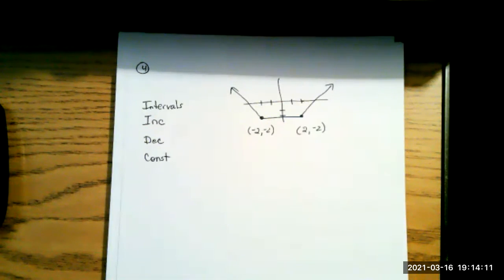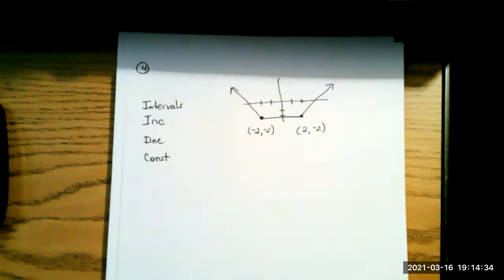Let me pick somebody. Natalie, are you up to this today? Pick one of them, increasing, decreasing, or constant, and tell me what it would be. And remember, you have to use parentheses, you have to use x values, and you have to go left to right.